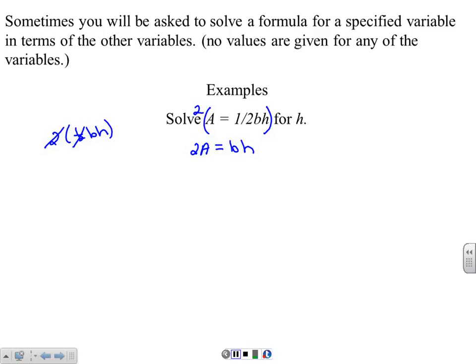Now I need to get h by itself, so we're going to divide both sides by b, because that says b times h. And so we're going to get 2a over b is equal to h. So we did what we were asked to do. We solved the formula for h.